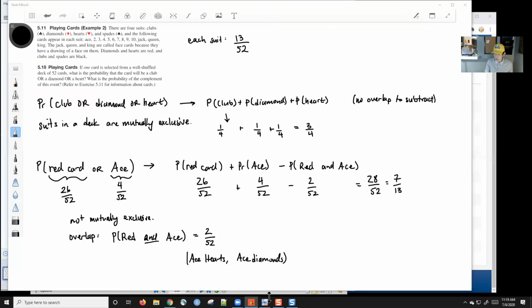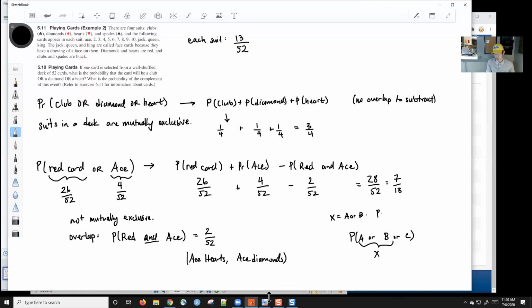How would you subtract the overlap of 3 events that were not mutually exclusive? Yes, you can also do that. You would just break it out. If you had the probability of A or B or C, first you would combine these into, let's call this X, where X equals A or B. You'll do this in steps.